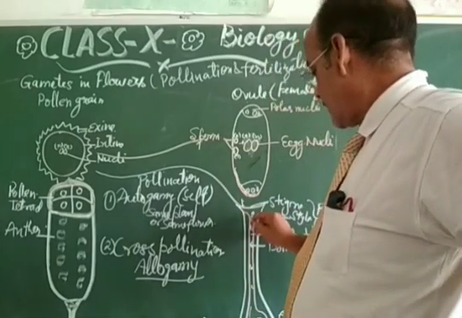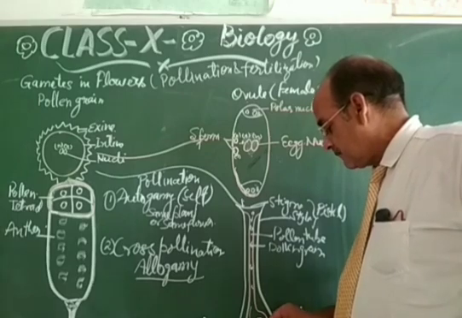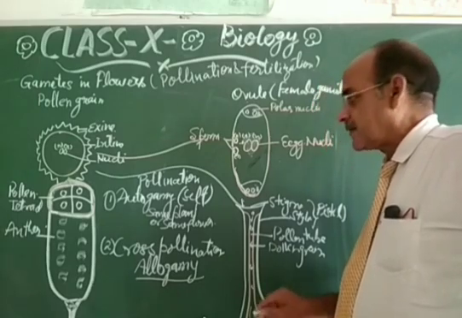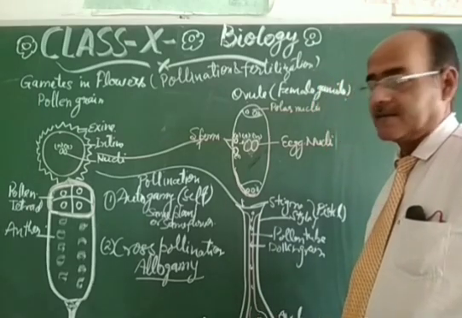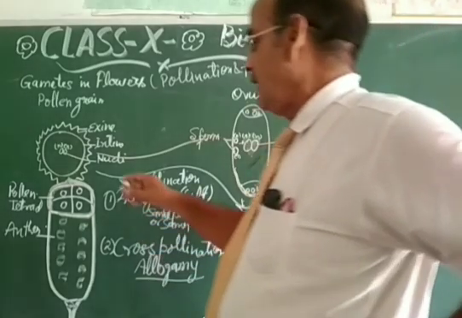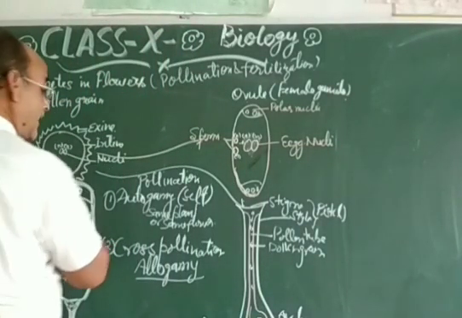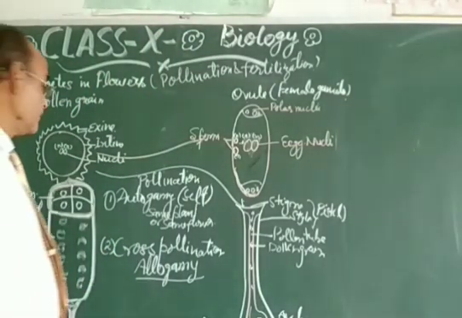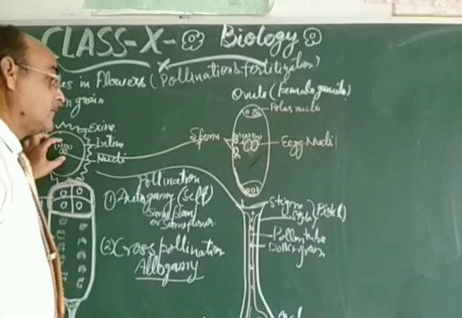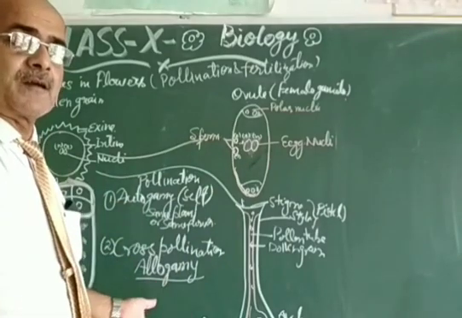When they enter the pollen tube and go towards the ovary, then the process of fertilization takes place. If both nuclei, having the required number of chromosomes, fertilize, that is called double fertilization.